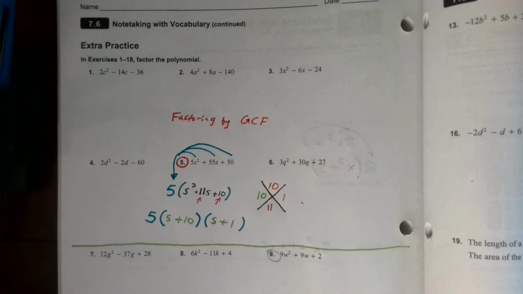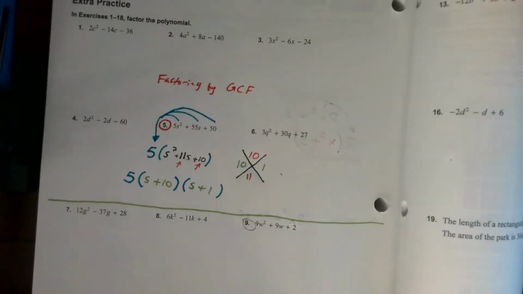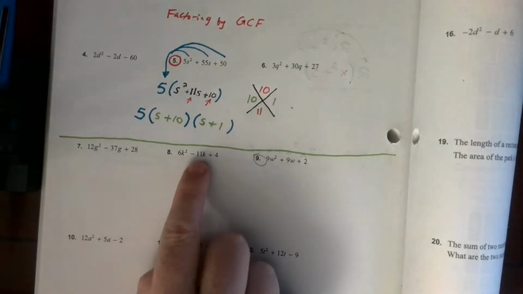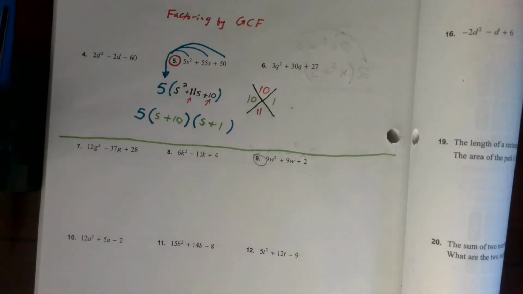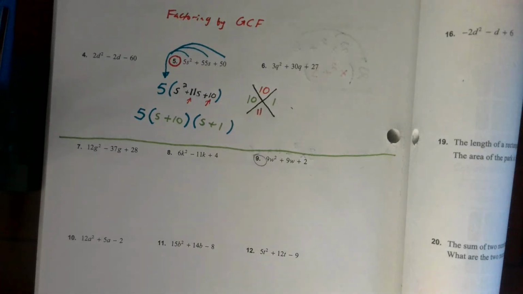But let's take a look at some of the problems below this little median here. In fact, let's try and take a look at problem number 8, for instance. What's the issue here? Why can't we factor this by the greatest common factor for problem number 8? Well, we might try a couple of things.